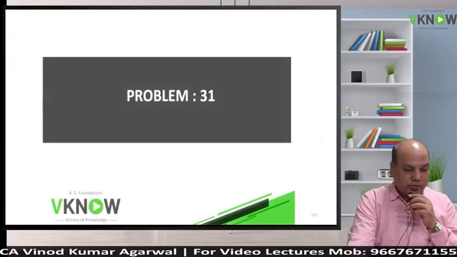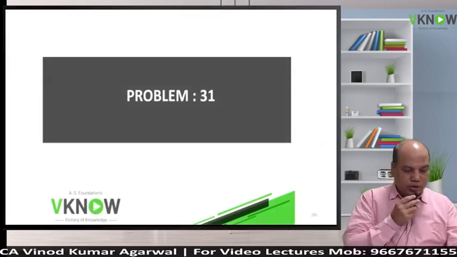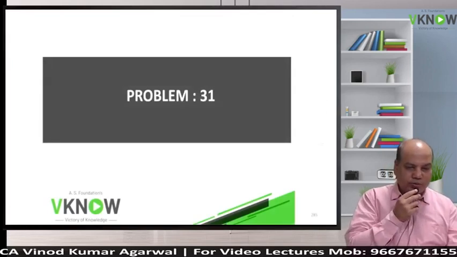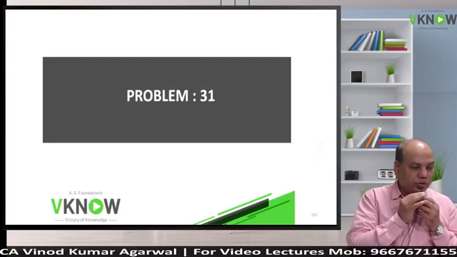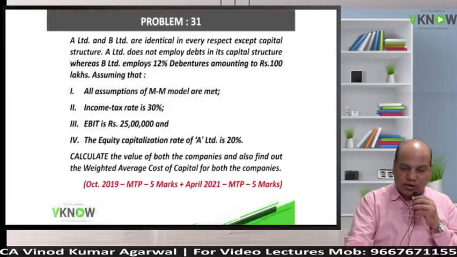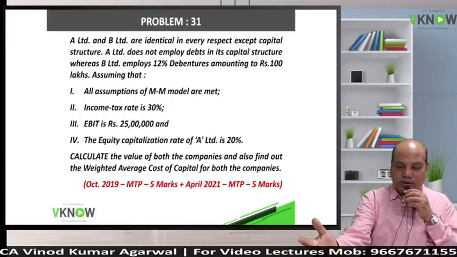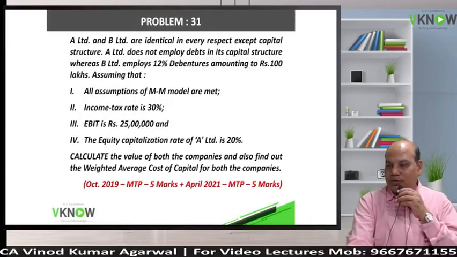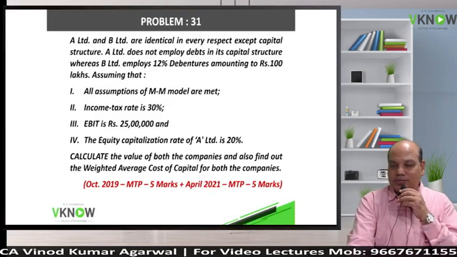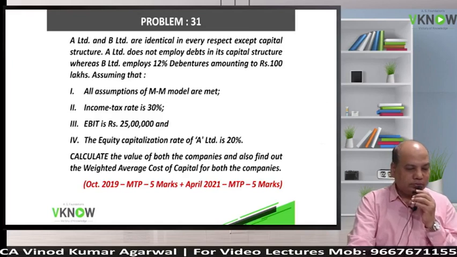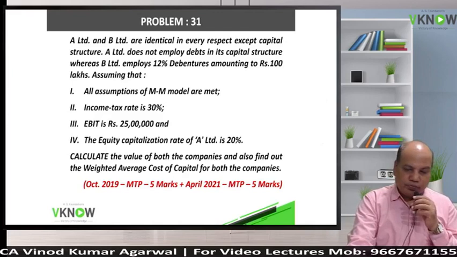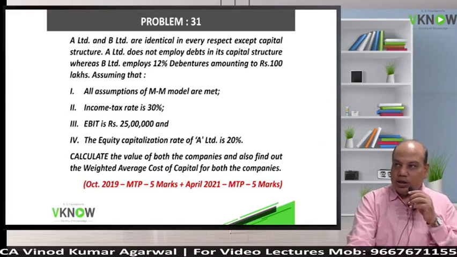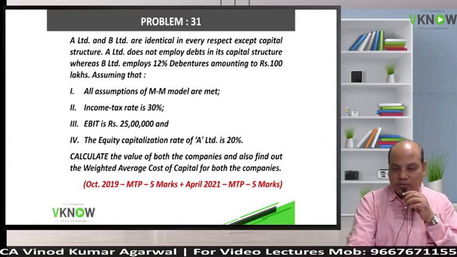Okay, now we'll take one more important question, number 31. Another variety of question. So today is variety. Are you ready? Yes, sir. Question number 31. A and B are identical in every respect except capital structure.